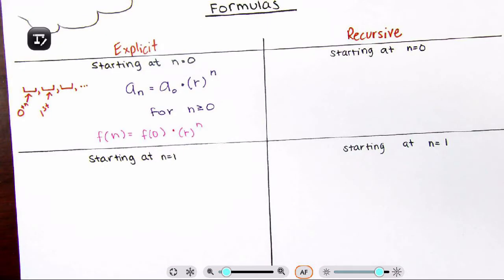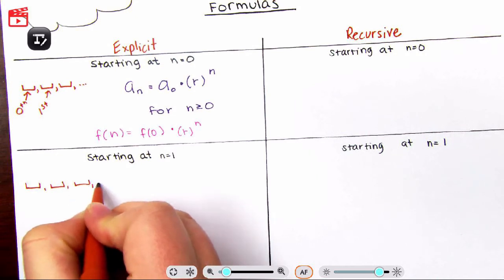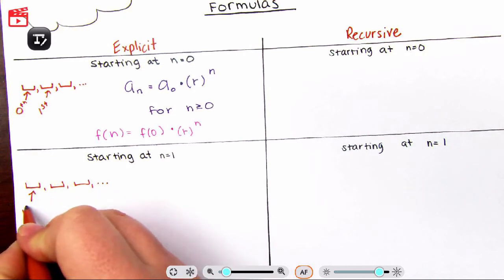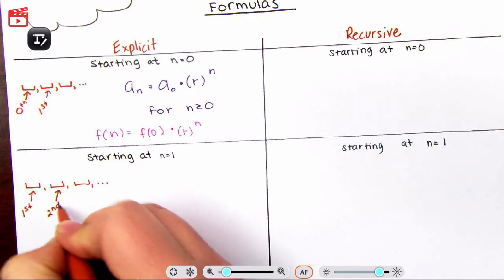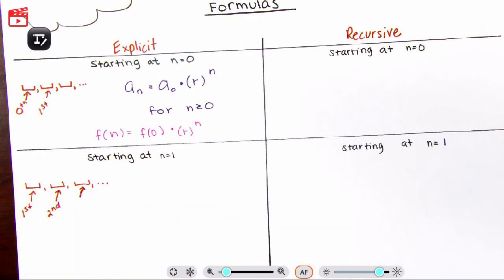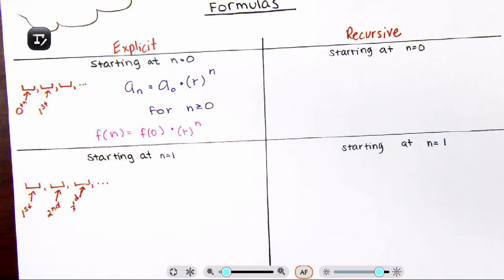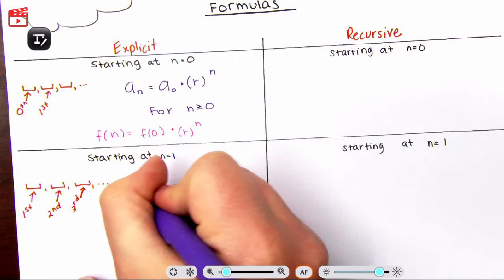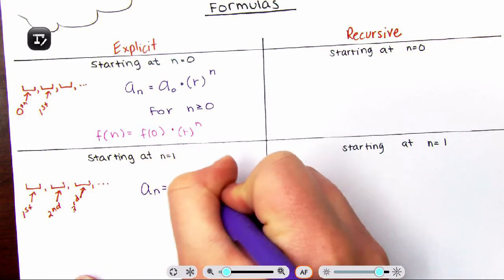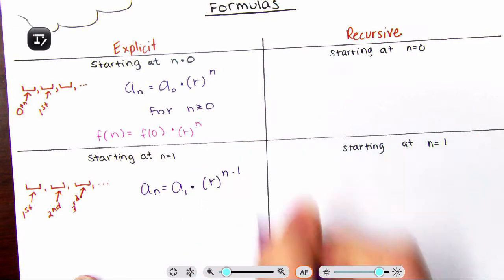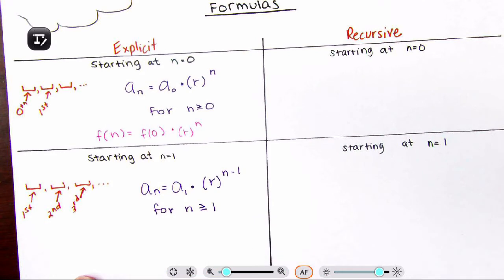So that means that when we have our list of numbers, our sequence, the first number you see is in the first position. The second number you see is in the second position, and the third number you see is in the third position, etc. Okay, so the formula is a sub n is equal to a sub 1 times r to the n minus 1 power for n greater or equal to 1.